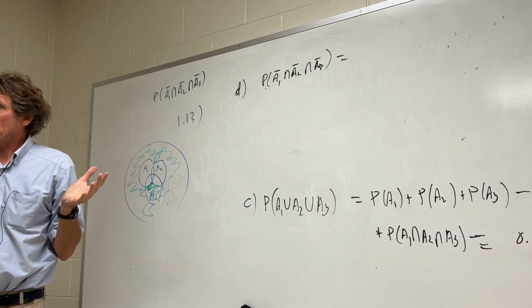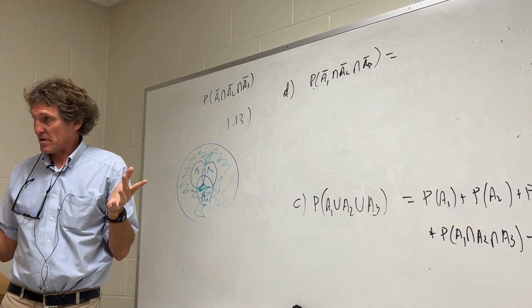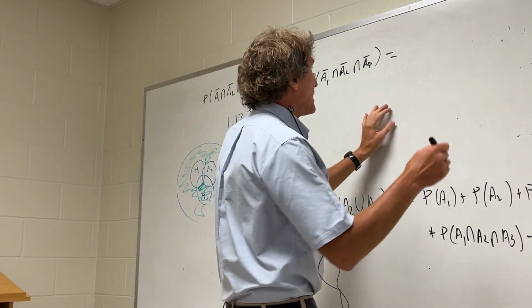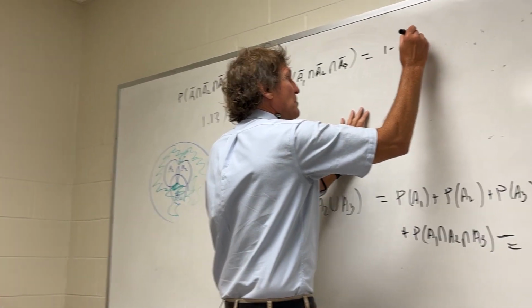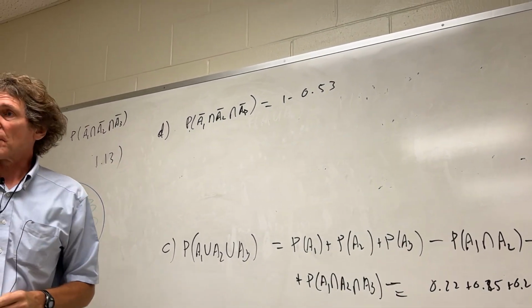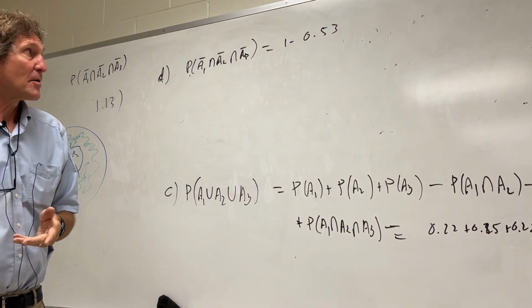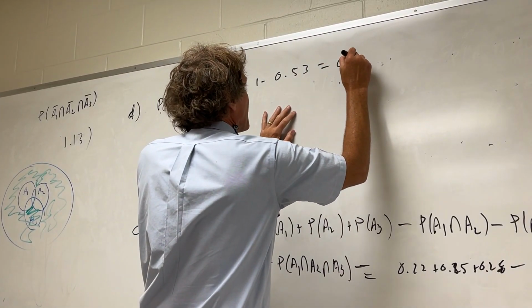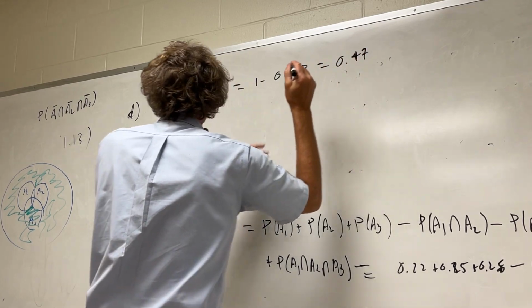That's the idea. Everything that is not A1, A2, and A3, correct, class? So what's that going to be? Should be 1 minus 0.53, right? Or 1 minus this. Do you all agree? Yes, sir. What is that? 0.47? Okay.